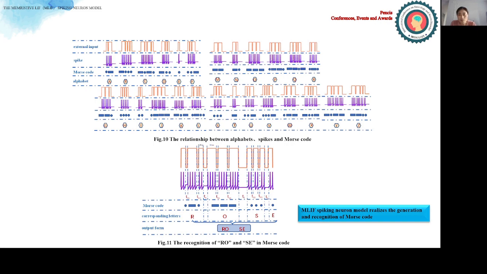The four-spike action potential is the firing state of the MLIF spike neural model. And then the Morse code of alphabets can be represented by action potentials. The simulation results show that the MLIF spike neural model can realize the generation and the recognition of the Morse code.